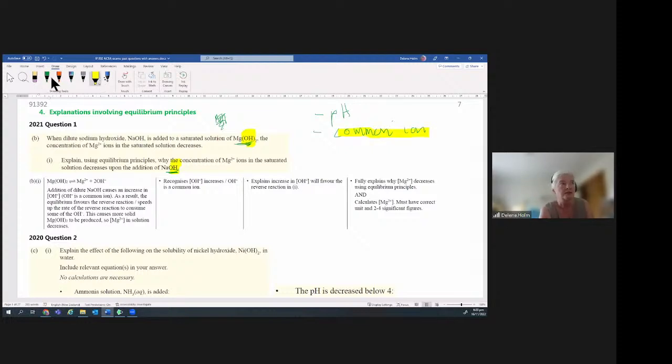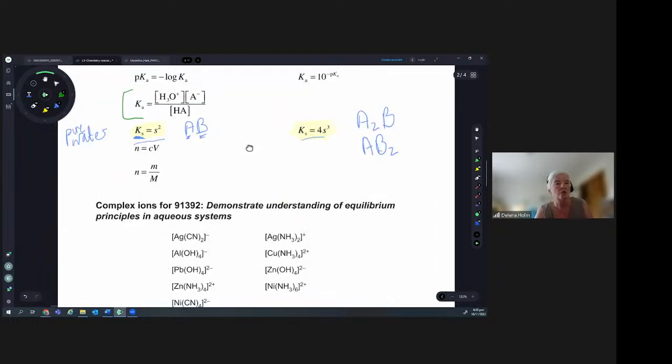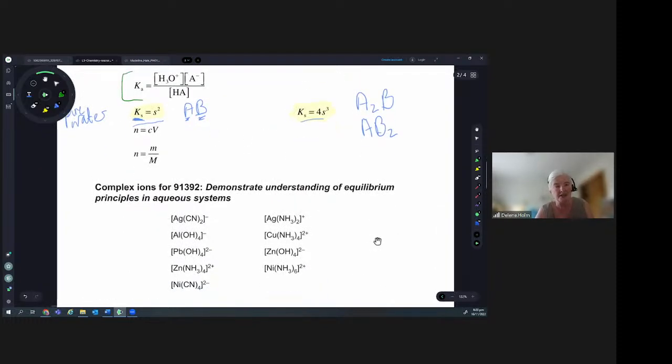And then thirdly and lastly, you've got to think of, will I have a complex ion being formed? And this is when you definitely go to the resource booklet and you look to see, will I have any complex ion being formed?